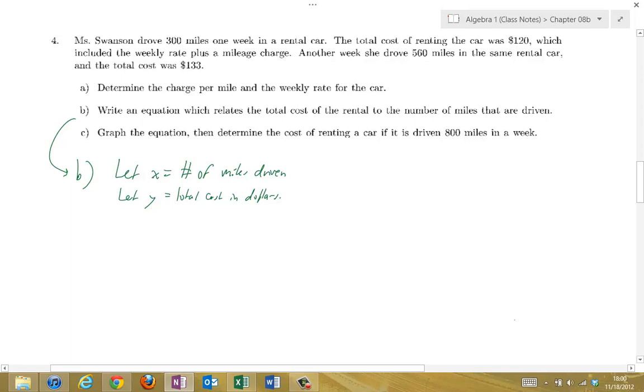They must be in every problem somewhere unless the problem defines the variable for you. Then I know that when you drive 300 miles, the cost is $120. Also, when you drive 560 miles, the cost is $133.